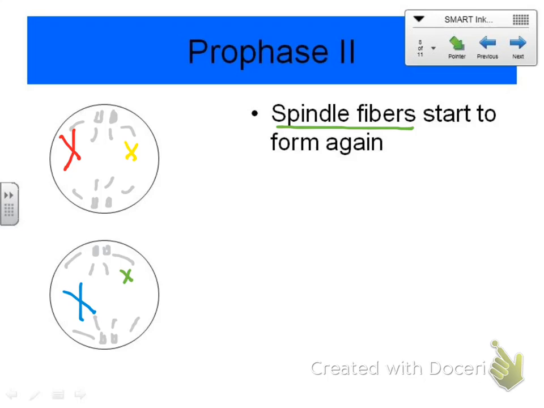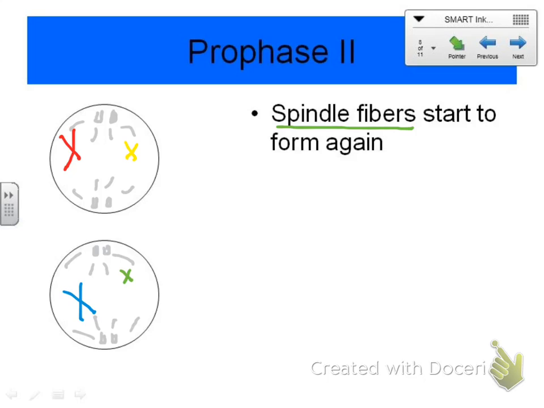Ashton, what goes next? D, E, C, H. Why, Ashton? They're starting to form back together. Can we see the chromosomes? Yes, we can. Have they made any major movement? No. Okay.